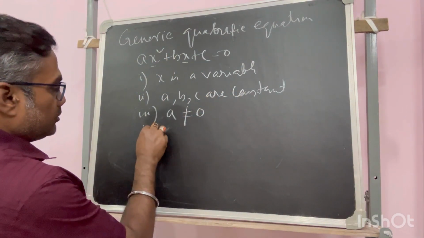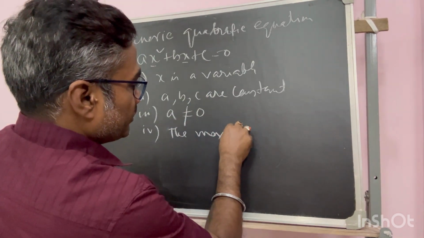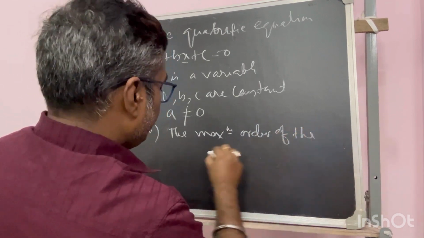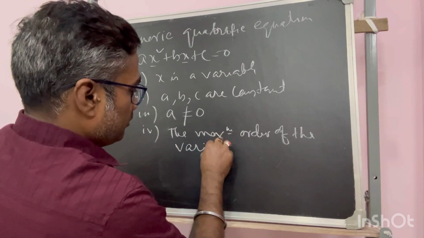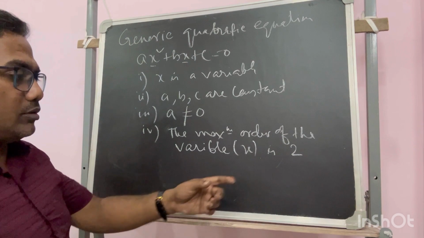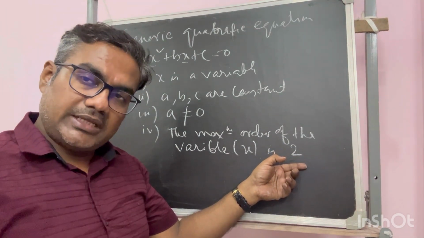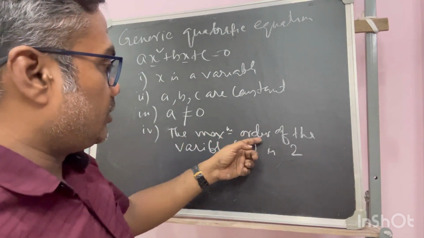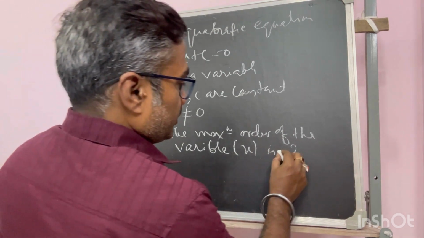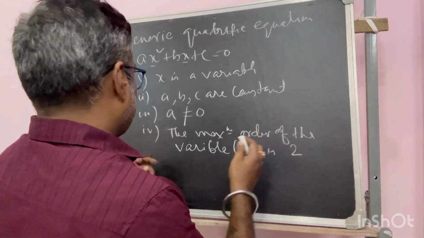So this is the maximum order of the variable. So I will write it in the bracket, x is 2. It would not cross the maximum order 2, neither will it be less than 2. So the maximum order of the variable is 2, or the order, you can say.